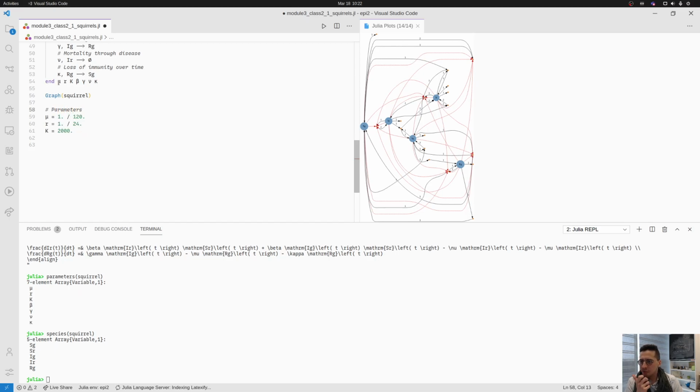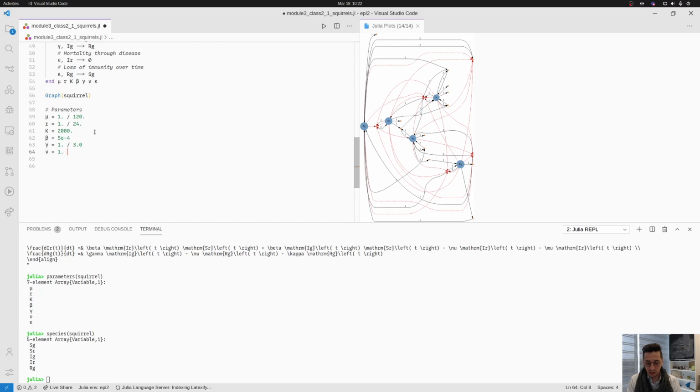Okay. So, parameters. We're going to bring in some of the parameters from before. So what do we need to define? We have mu, we have r, we have k, we have beta. It's going to be 5, something like that. We'll set it later. Gamma is 1 over the duration of immunity, which I put at 3. Yeah, why not? What do we have next? We have nu, which is the mortality, and I set that as something that I forgot to write down.